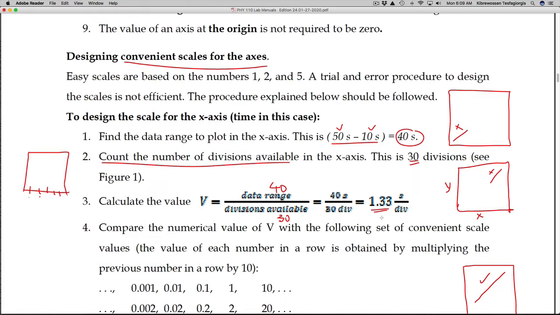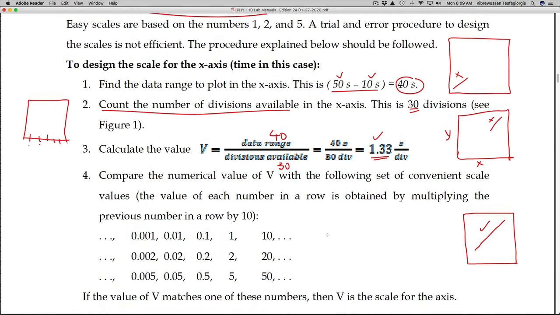Since 1.33 is a fraction, and not really representative of a scale that can be graphed easily, the first point is 1.33, the second point is 2.66, the third point is going to be 3.99. Then after that, you will have to ask, oh my god, what value should I put in?